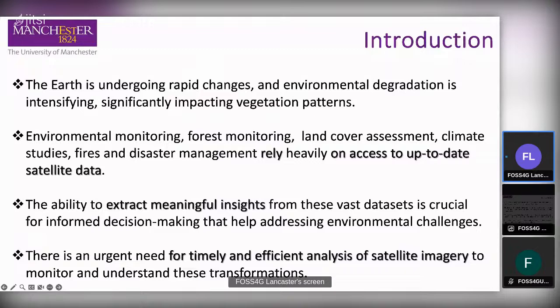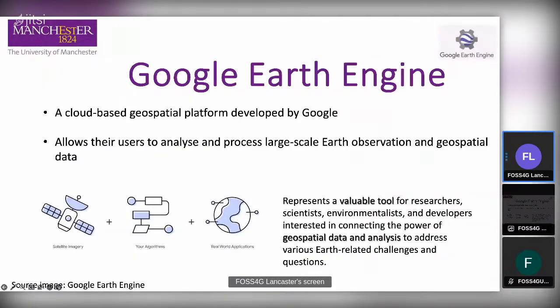We need fast monitoring. The ability to extract meaningful insights from satellite data and be able to model or understand what is going on is really important. That's why sources like Google Earth Engine are very, very helpful for this.